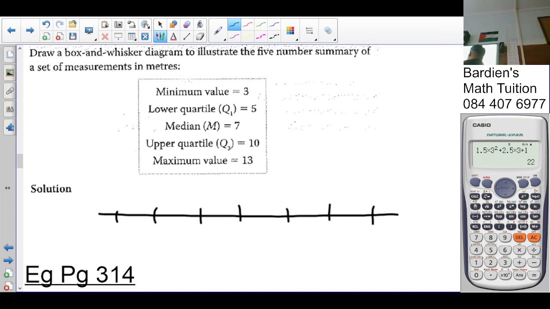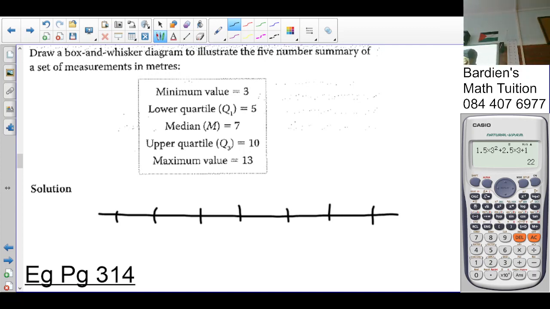For those of you who need to do everything by formula, what you could do is your maximum minus your minimum, which is 10, and you can divide by 2s. Then you can see how many intervals you will have, or what would be the width of your increments. Can you see that?